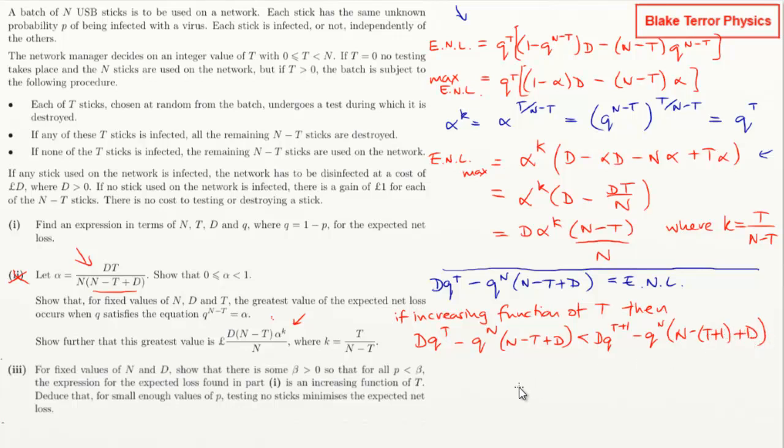Loads of things are going to cancel here. All of the second bit on the left hand side is going to cancel. So all I'm going to have there is d q to the t, less than d q to the t plus 1, and then I've just got the 1 there, so minus q to the n. Actually, it's going to be a plus q to the n, because I've got two minus signs. Yeah, so plus q to the n.